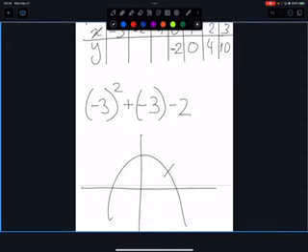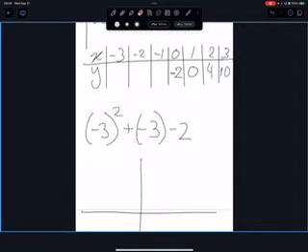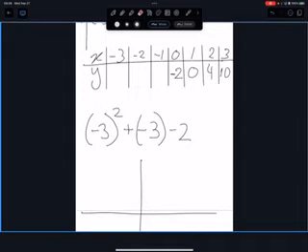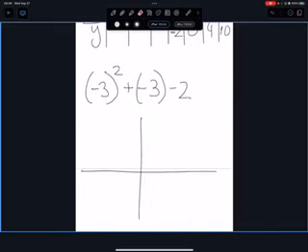Graph, chapter 4, chapter 9. You need to know the table in order to draw the graph. Minus 3 to 3. I said minus 3 to 3. A table from minus 3 to 3, and then you draw it from minus 3 to 3.